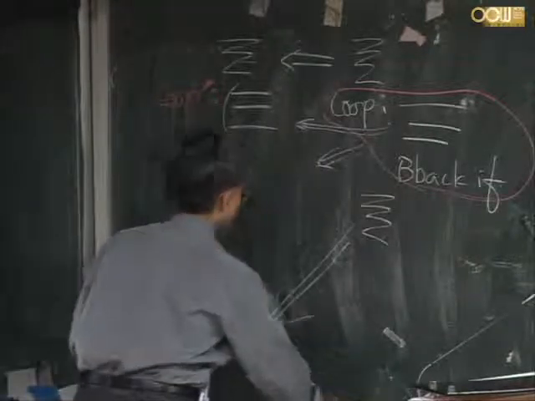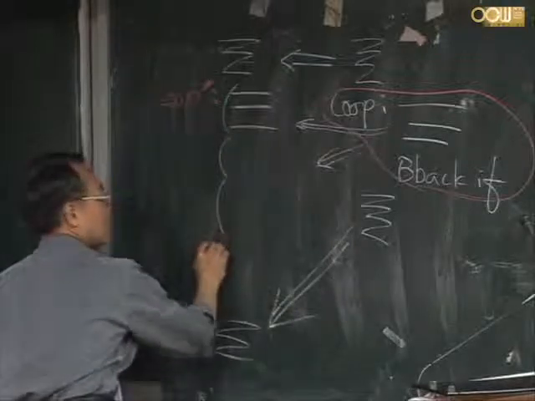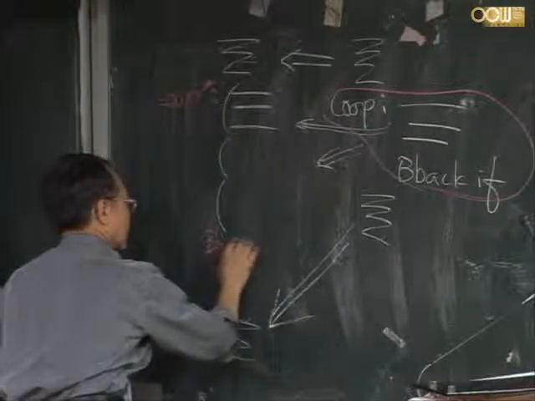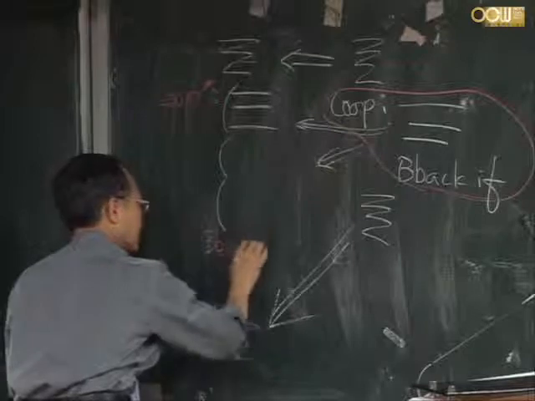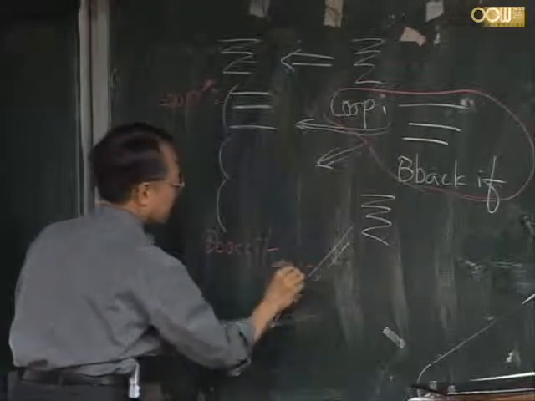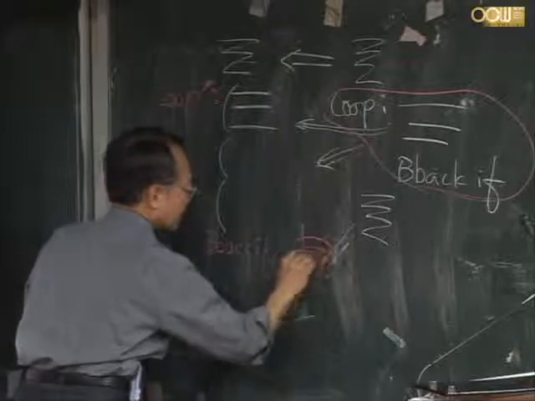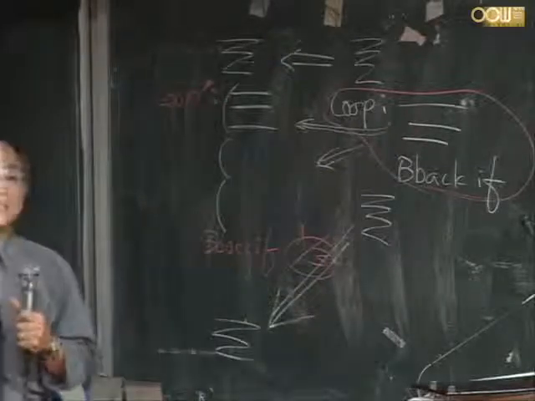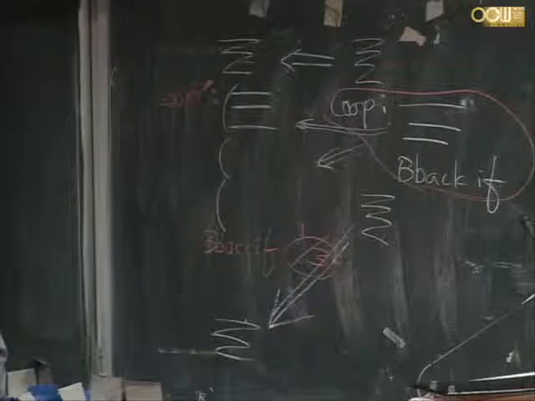And then this branch back if becomes, well, I'll simply write down, 1/3 of the times you will branch back only.